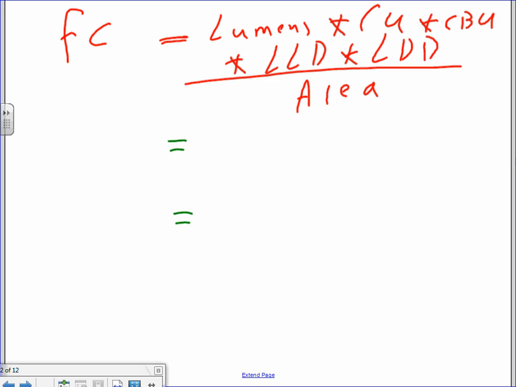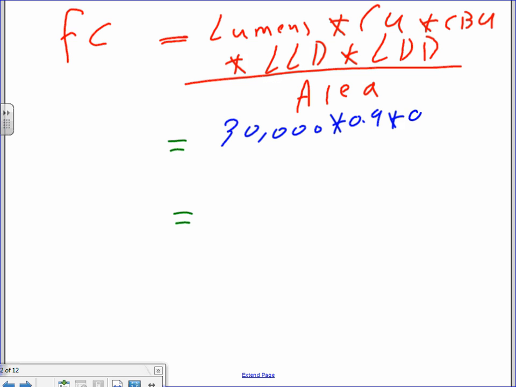The formula that you need for this one, Adam, is the lumens multiplied by CU multiplied by CBU multiplied by LLD, divided by the area. Right? That's a very simple formula. Then all you have to do, ladies and gentlemen, is put the numbers in. You put your lumens and you multiply by the 0.9 coefficient of utilization.